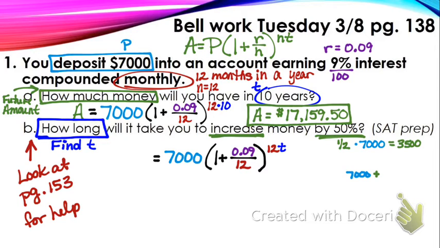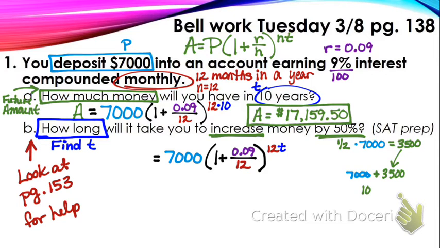Keon's saying no. What do I want my final amount to be? 10,500. How did we get to 10,500? That's correct, by the way. Yes, I want it to go up by this much, but I still get my starting amount of money. They don't take that away from me.